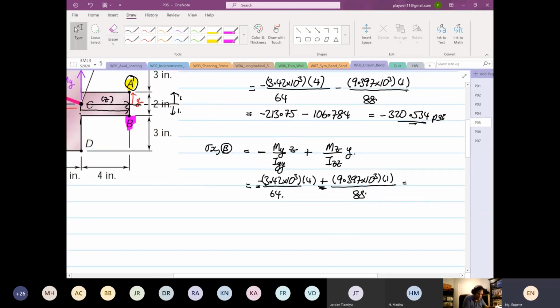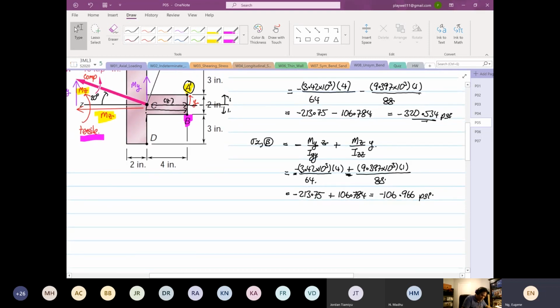So this will be equal to minus 213.75 plus 106.784. It's going to be minus 106.966 psi.